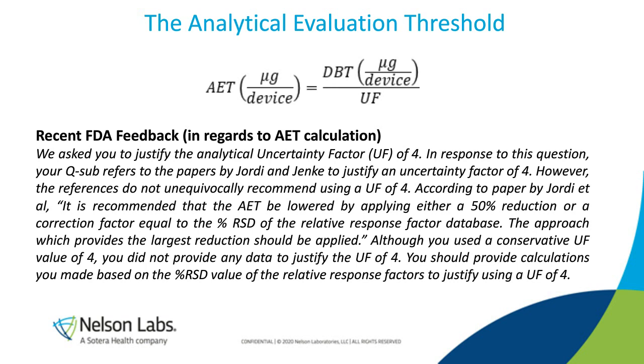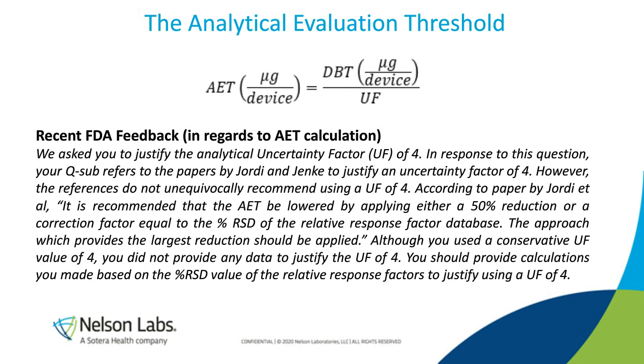However, the FDA said even though the literature has supported an uncertainty factor of 4, we really think that you should tell us what your uncertainty factor is based off of the data that you have. So it says, although you used a conservative factor of 4, you didn't provide any data to justify this. You should provide calculations you made based off of the relative standard deviation to justify this.